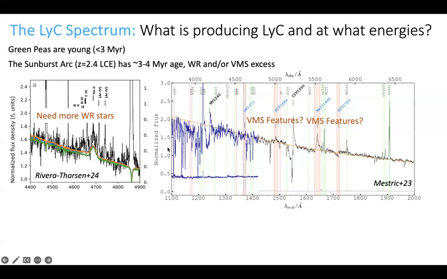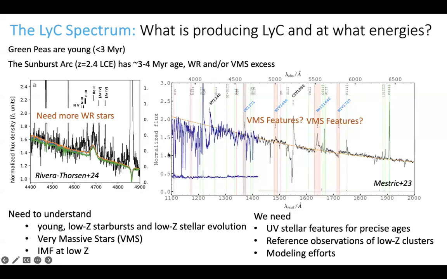And I bring this up just as an example that when we're talking about these Lyman continuum emitters, we really need to worry about what's going on at low metallicities with the most massive stars in these galaxies. We need to worry about how many VMS stars, how many of these 100 solar mass stars a galaxy has, and what their spectrum is, and how they evolve.